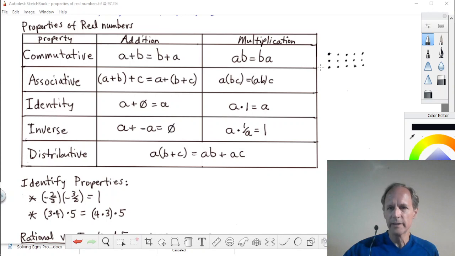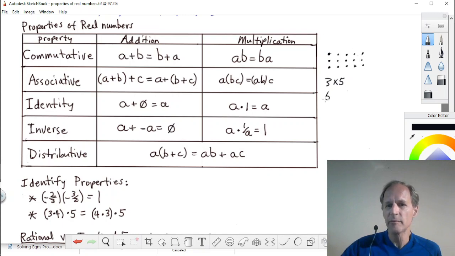So we have this grid, and you can look at that grid and say, well, that's 3 rows of 5, right? So that's 3 times 5. But you could also say, well, that's 5 columns of 3.